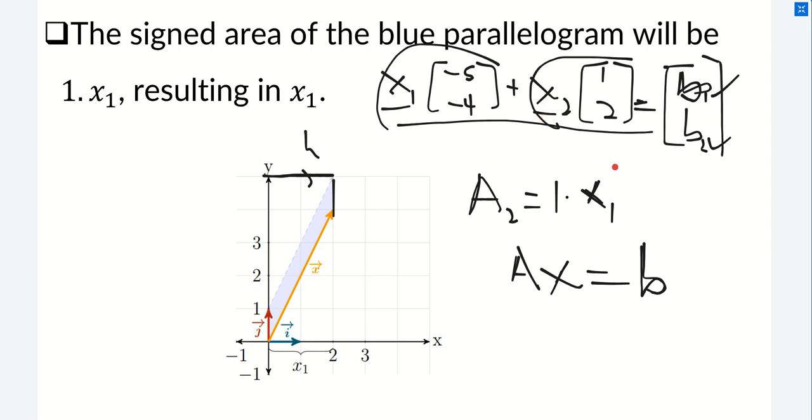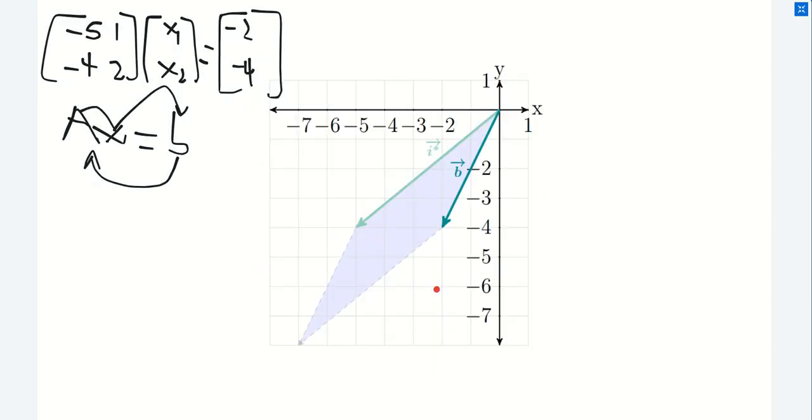I told you that we are transforming from x to b. We can also go the other way around, and that is what has been done over here. So what is done here is that we are trying to find out this part, the -5, the -4.